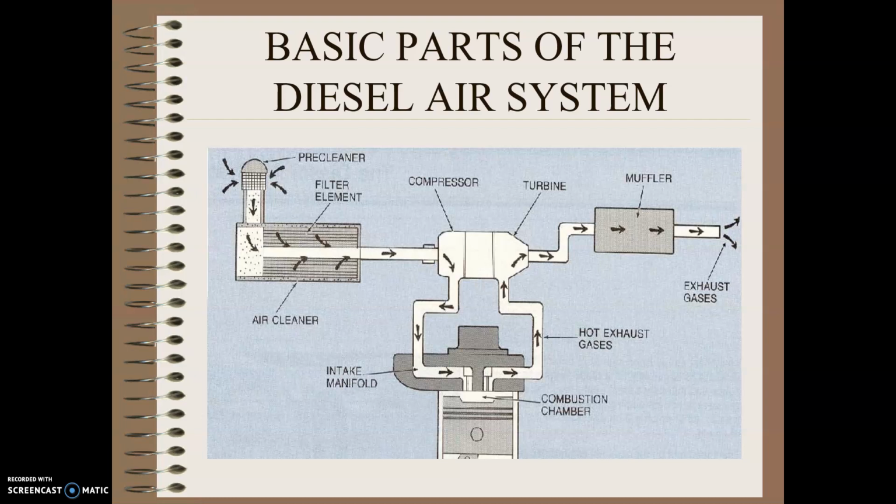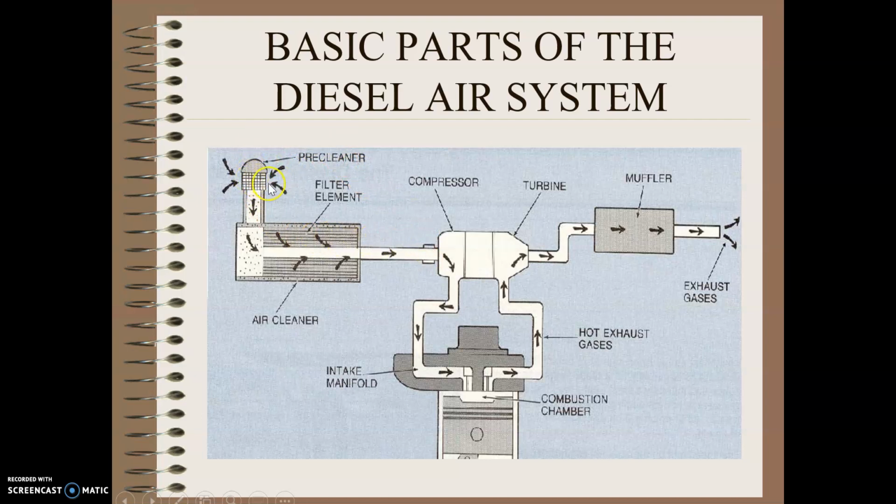And if a dust particle or other piece of foreign material were to get into the actual combustion chamber, it could potentially prove to be very, very devastating to that engine. So we have to make sure we're filtering the air as it comes into the engine.